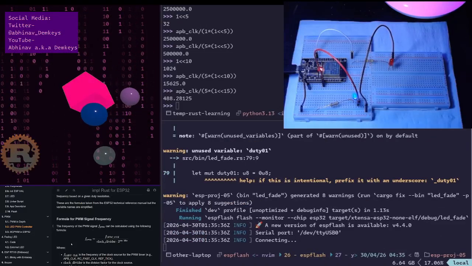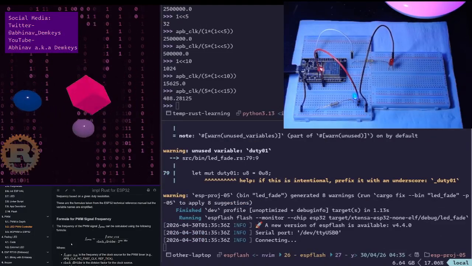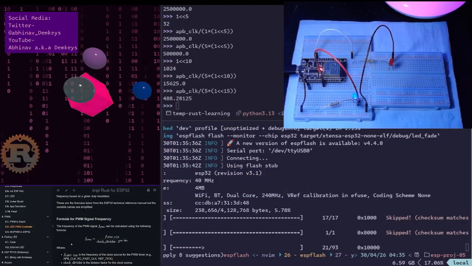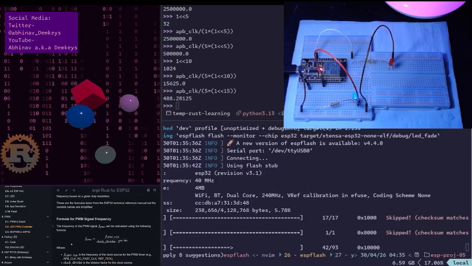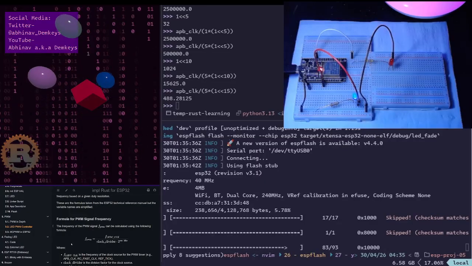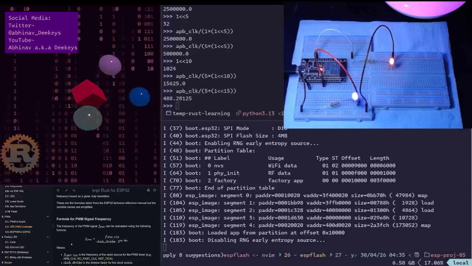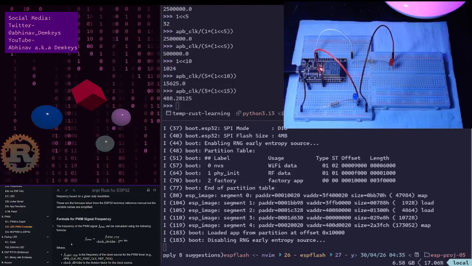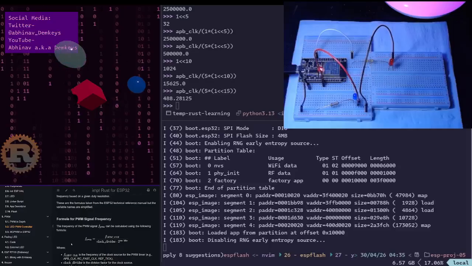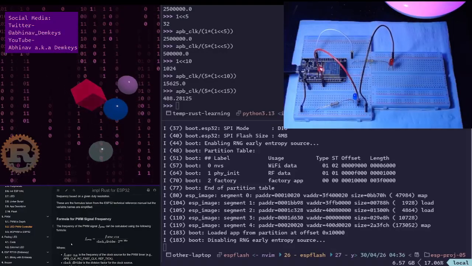Because the whole idea with fading with PWM is that PWM is creating an illusion by blinking the LED fast enough. Okay, yeah, that's our, yep.